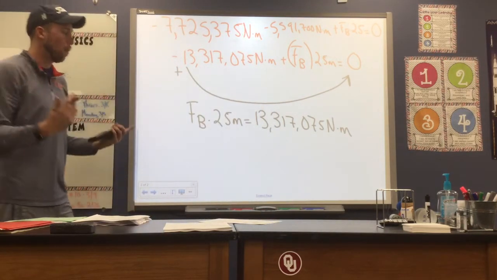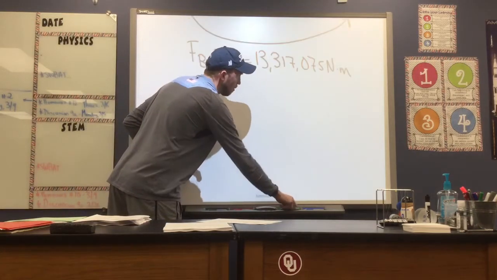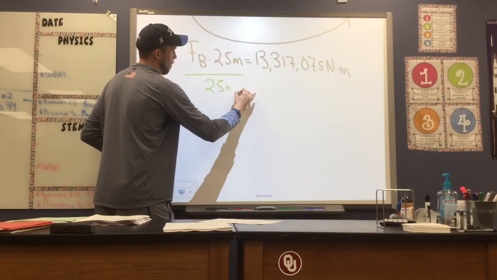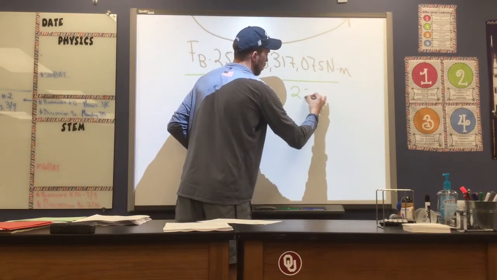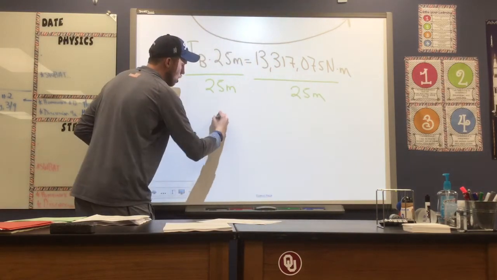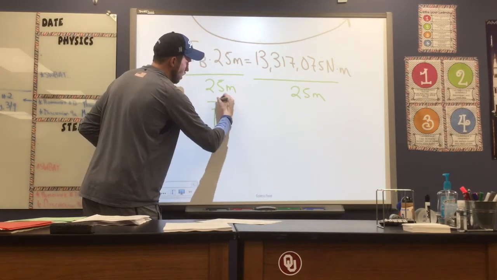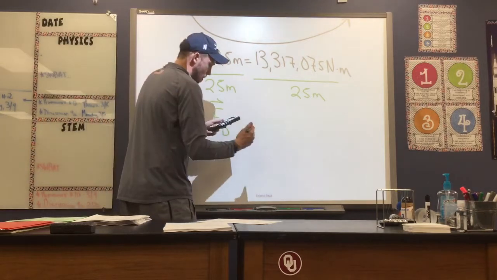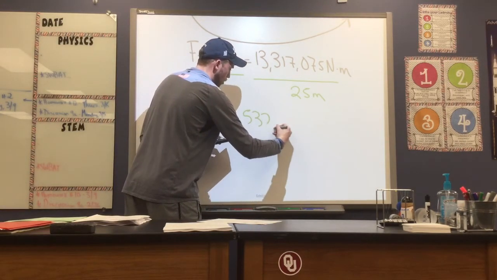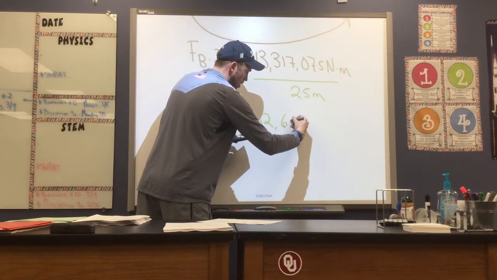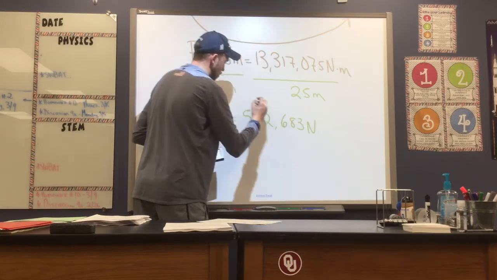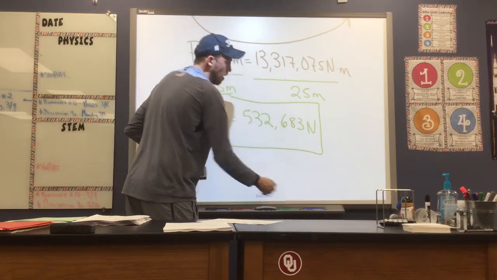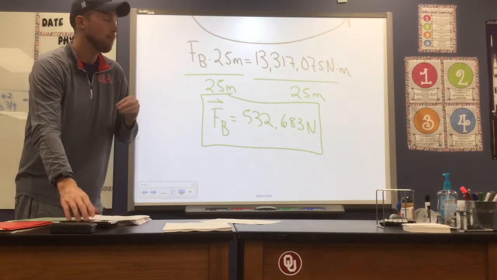So now we're at a point where we can take one more step to find our force. So we're going to divide each side of our equation by 25 meters. And that will leave us with a force at point B of about 532,683 newtons.